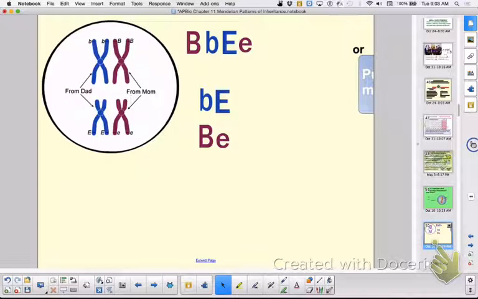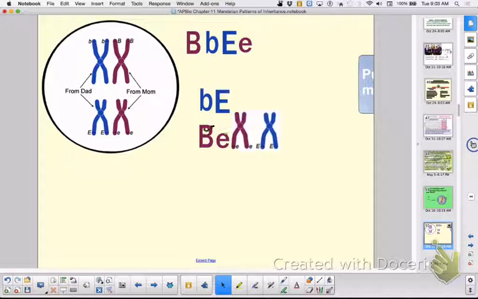Law of dominance says big B is dominant over little b. Law of segregation says when I'm making my gametes, I either get the mother's big B or the dad's little b, because the homologous pairs are going to separate. So I could get little b with big E, and big B with little e.